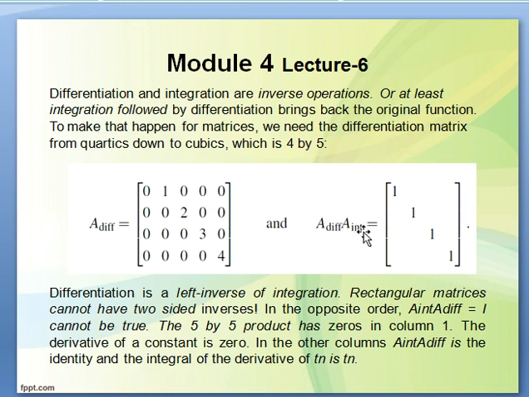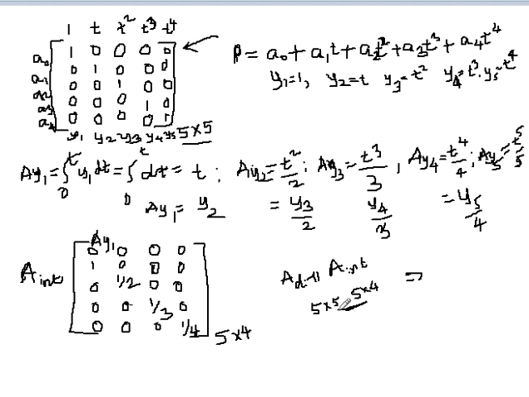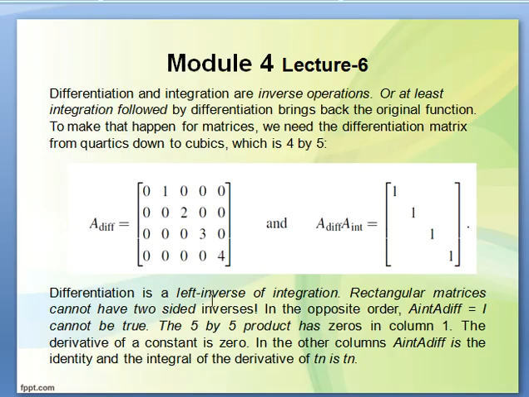We can't do the reverse process, multiplying the integration matrix into the differentiation matrix, because it will not satisfy the multiplication criteria. The number of rows and columns will not give us a proper result. So the conclusion is that differentiation is the left inverse. It has to be taken on the left side of the integration.